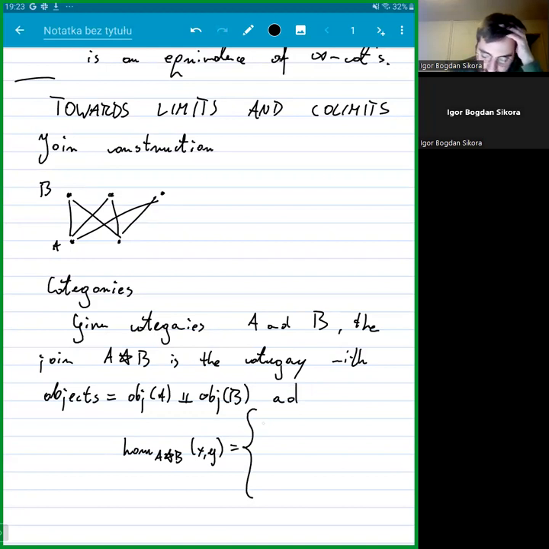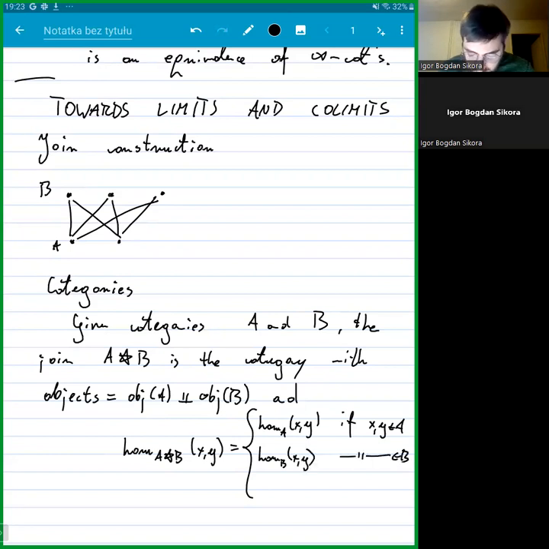Firstly, if X and Y are both in A, then the morphisms between X and Y in the join will be equal to the morphisms in the category A between objects X and Y. Ditto for B. However, there is a single morphism if X belongs to A and Y belongs to B. And there are no morphisms if X belongs to B and Y belongs to A.